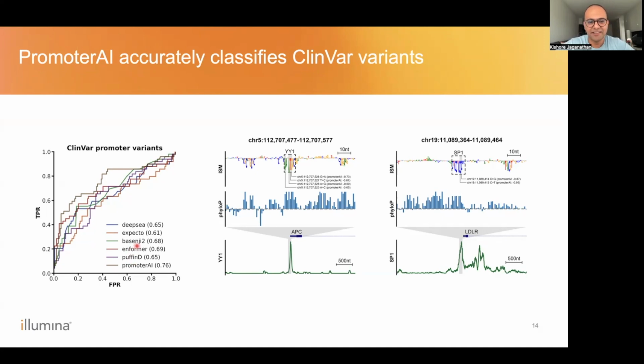We've shown several examples in the papers, and I'm highlighting a couple of them here. One of them is in the promoter of the APC gene. There's a variant that hits the YY1 motif, and when you do the ISM analysis, only inside the YY1 motif the scores are very, very high, and as soon as you get out of the motif, the scores become very low. This essentially tells you that the model thinks it's weakening the motif there, which is problematic.